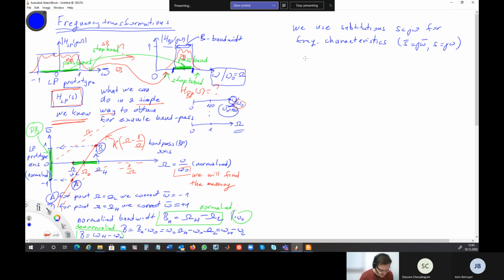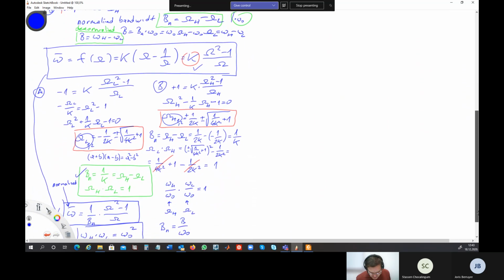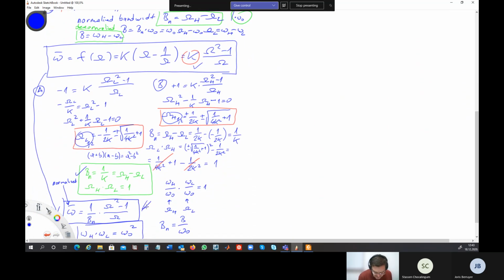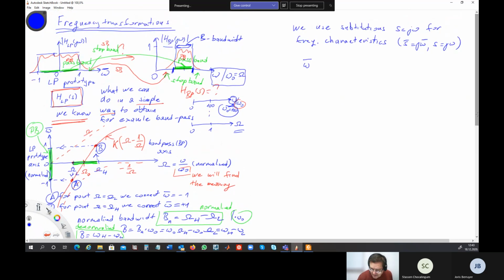So omega bar, this one from below, omega this one, 1 over Bn, omega square minus 1 over omega.